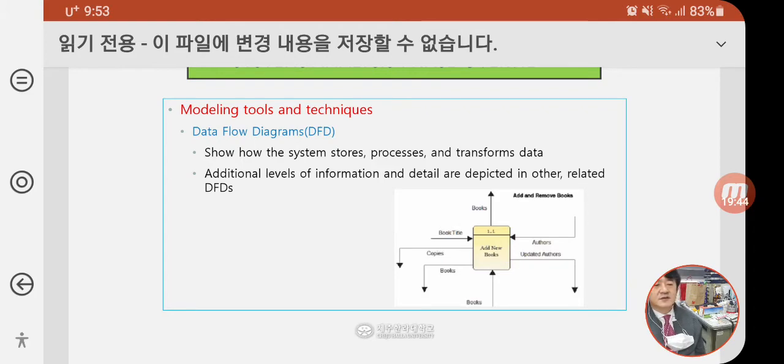Next is data flow diagrams, DFD. DFD shows how the system stores, processes, and transforms data. Additional levels of information and detail are depicted in other related DFDs.